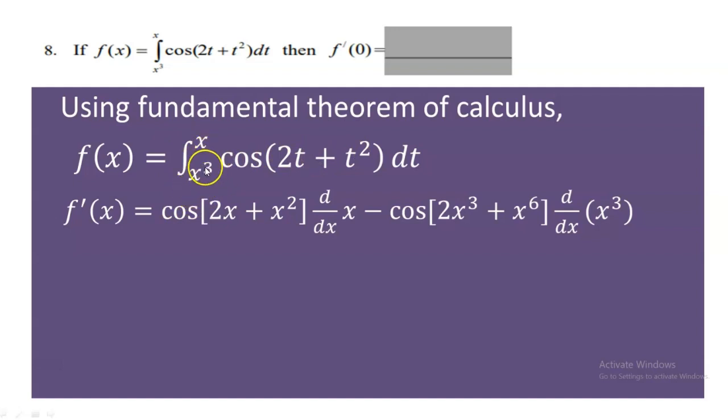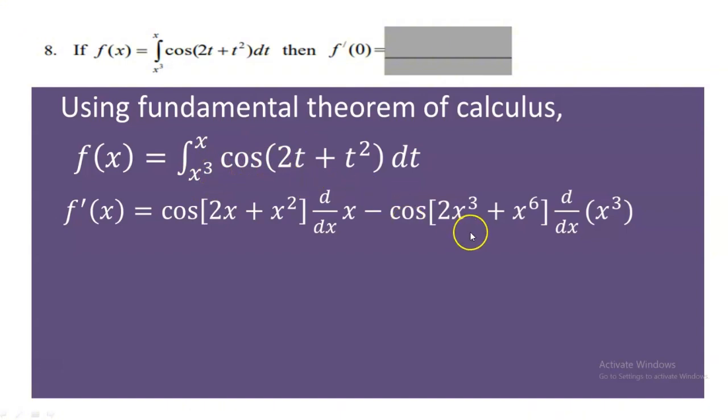So f derivative at x is going to be cos the integrand. Take the integrand as it is without any sort of confusion. So cos is going to come as it is, but in place of t now, take x. 2x plus x squared, you see? Then we have to differentiate the upper limit with respect to x, and that is d by dx of x. Basically, it is 1. Then minus comes, because of the fundamental theorem of calculus. Then again, for this case, you need to take cos as it is, but in place of t now, x cubed is to be used.